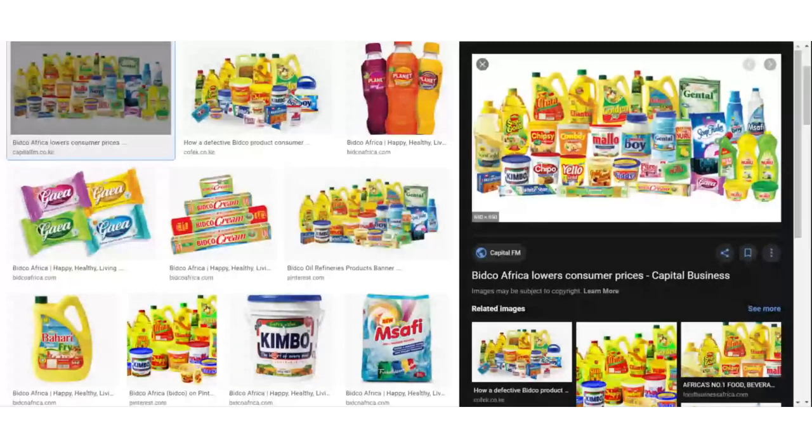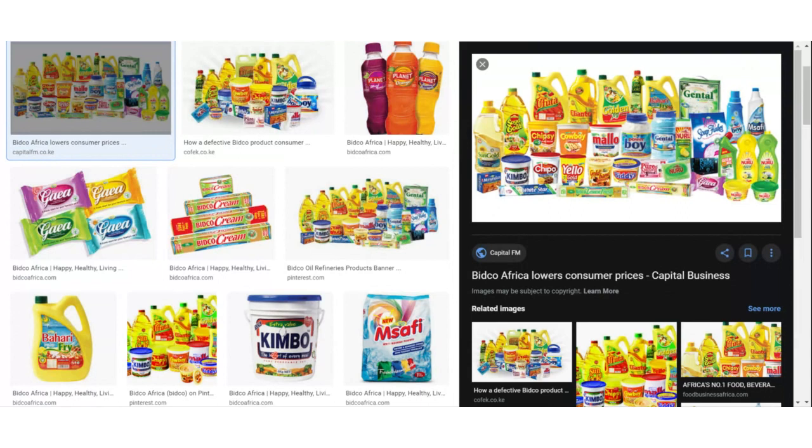So what you can see there are some of the products that are produced by Bidco, for example. On the far left, at the top, or just down below it, there is a group of products produced by Bidco.